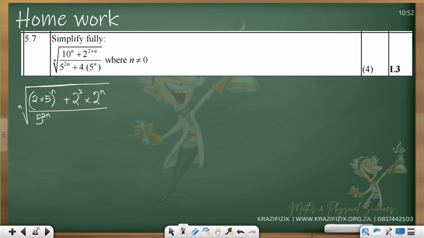Let's do something with that 5 to the power 2n. 2n is basically n plus n, so that is 5 to the power n times 5 to the power n.